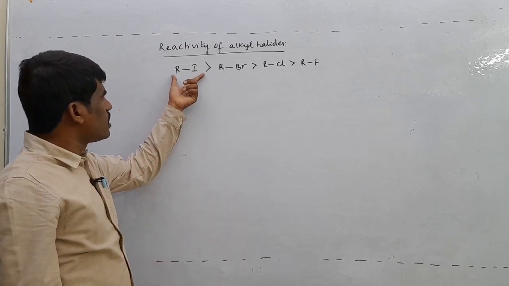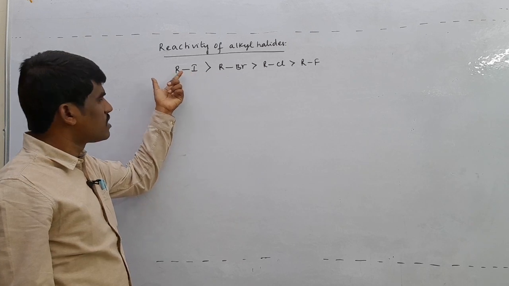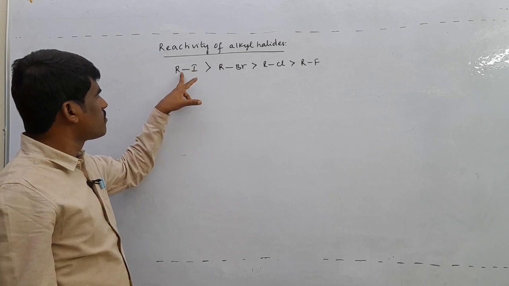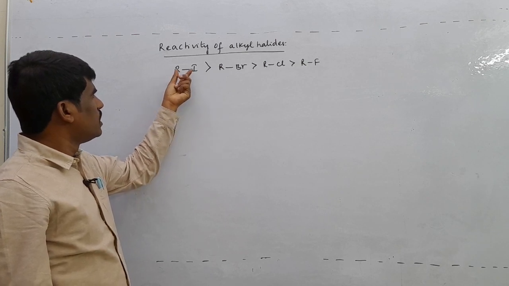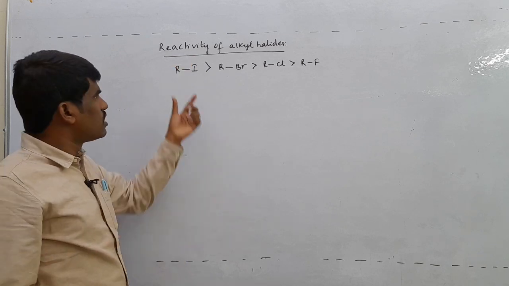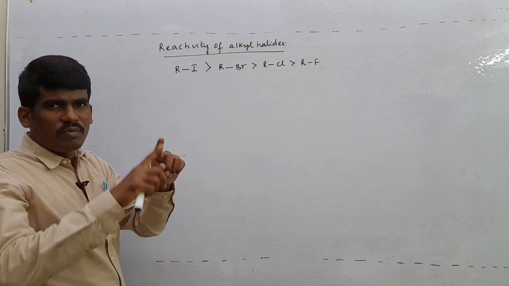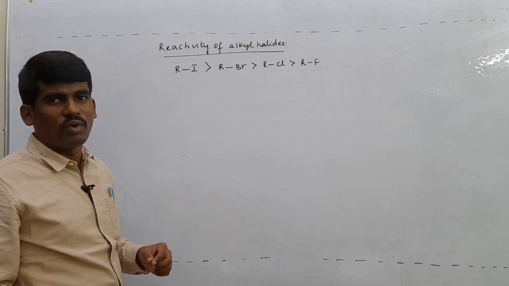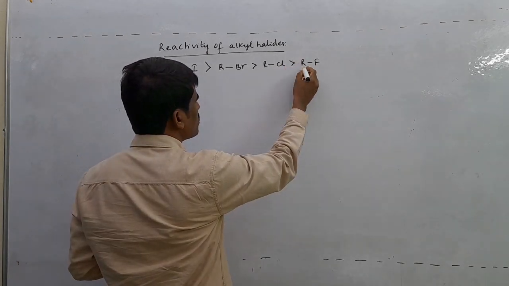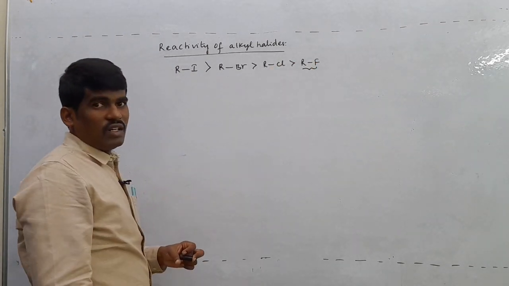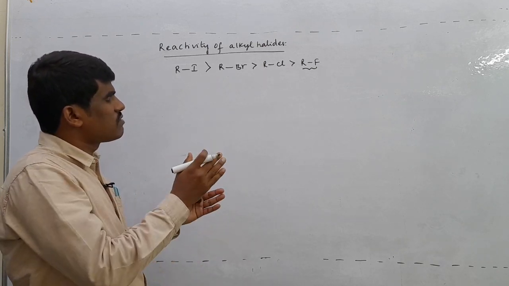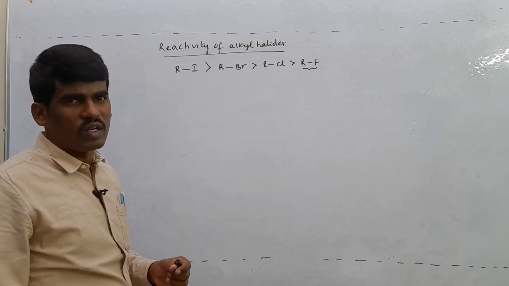The carbon iodine bond is not formed effectively due to the size difference. The size difference is large, so this bond becomes very weak, and you can break that bond easily. But when it comes to the remaining carbon halogen bonds, the RF bond is stronger because the size difference is very small, and we cannot break that bond easily.